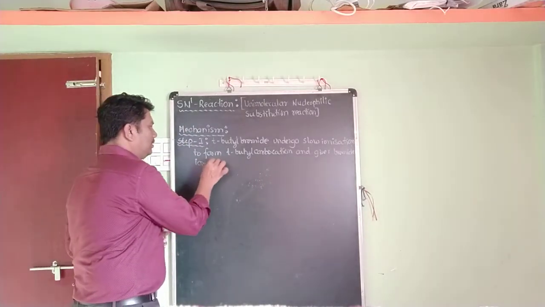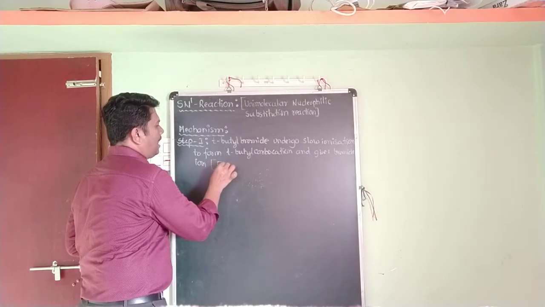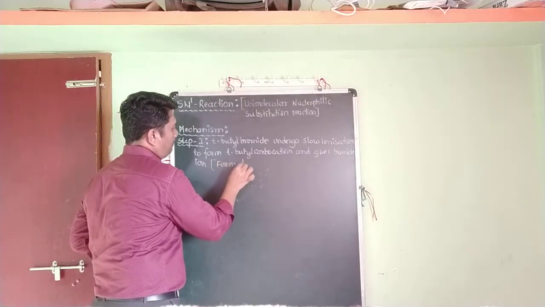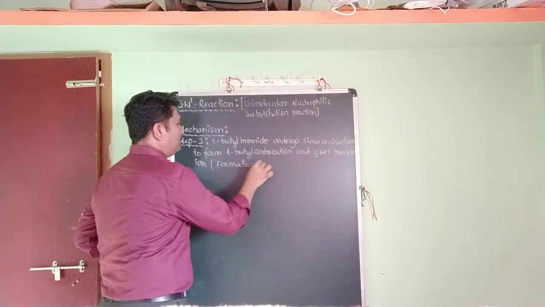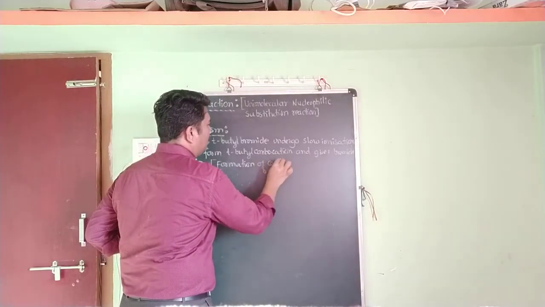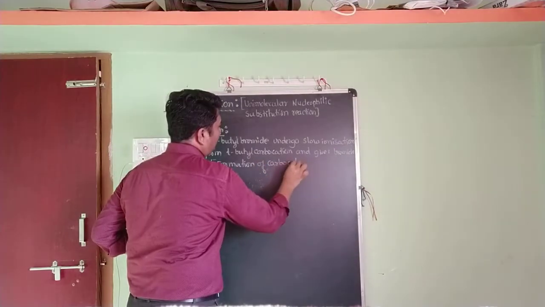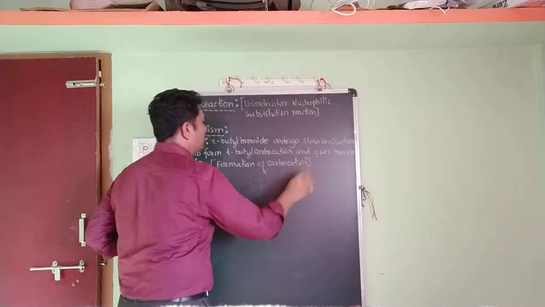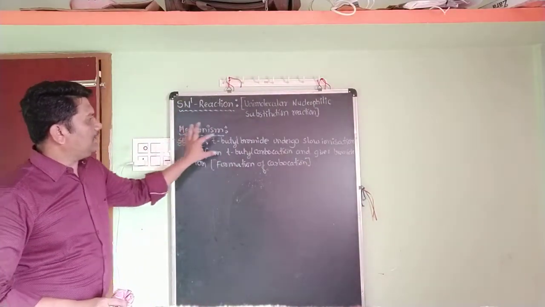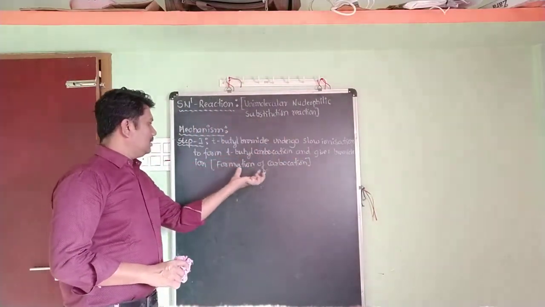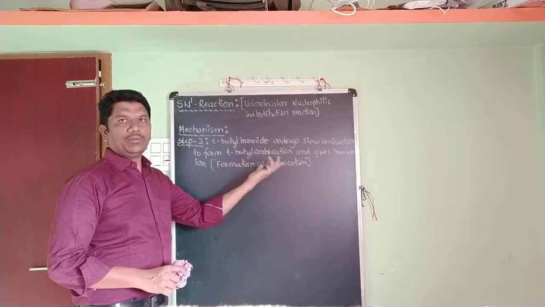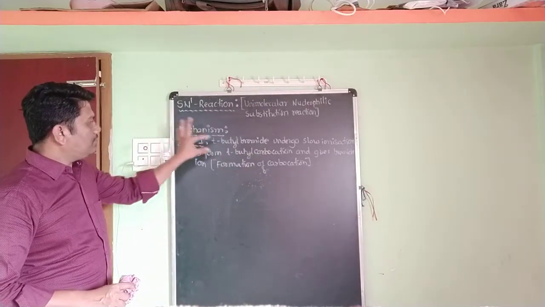In short, we can write formation of carbocation. This is also right. In place of this lengthy sentence, you can write the short sentence, formation of carbocation. Both are the same. So step number 1, formation of carbocation.